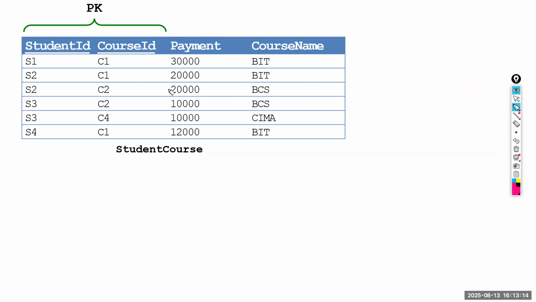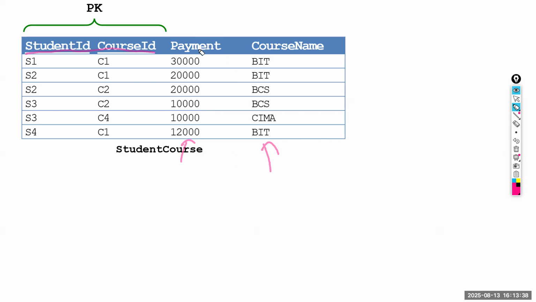Right. So this is an example. So you can see primary key is composite: student ID, course ID. Obviously, because this is the connecting table of the many-to-many relationship between student and course. And I told you, if you want, we can have additional fields.